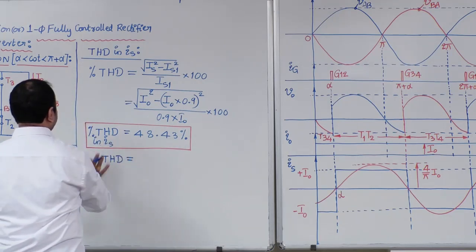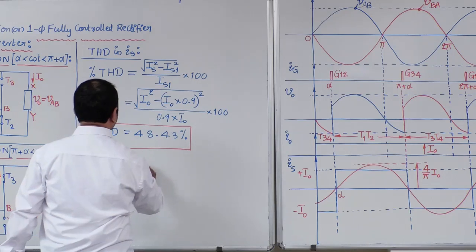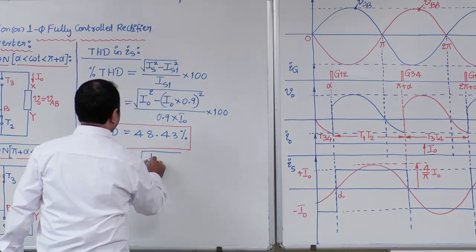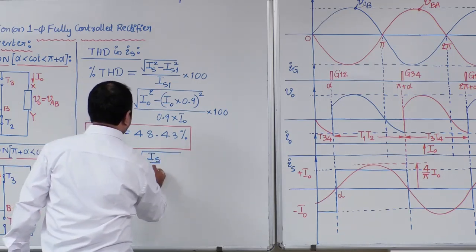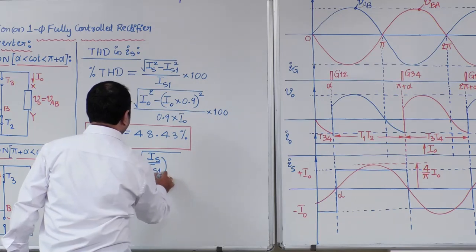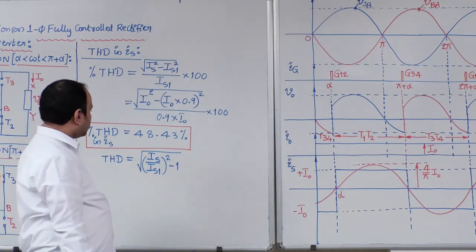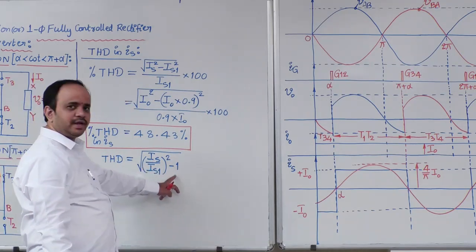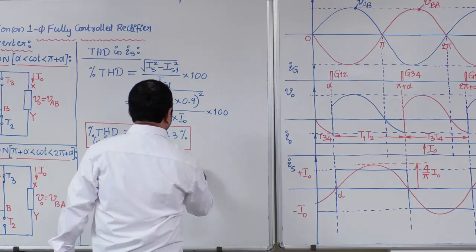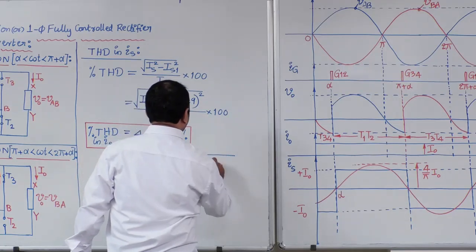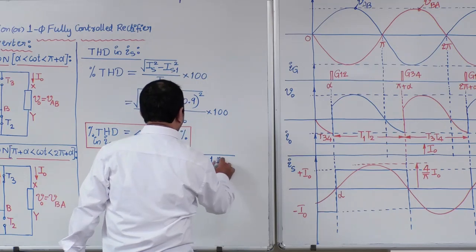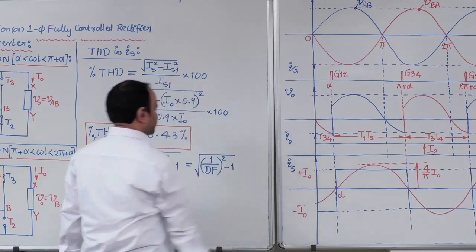Now we can also express THD in a different way. If you pull IS1 inside the root, THD is equal to the square root of (IS by IS1) whole square minus 1. This gives the square root of (1 by df) whole square minus 1.